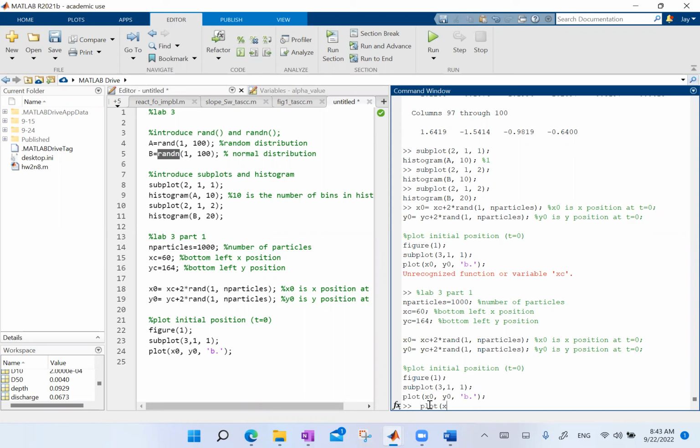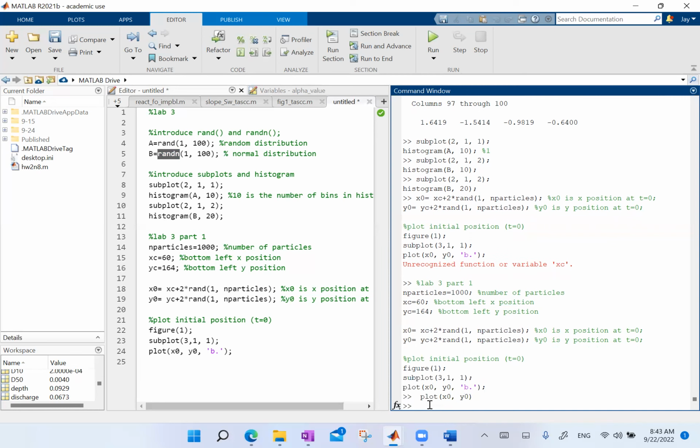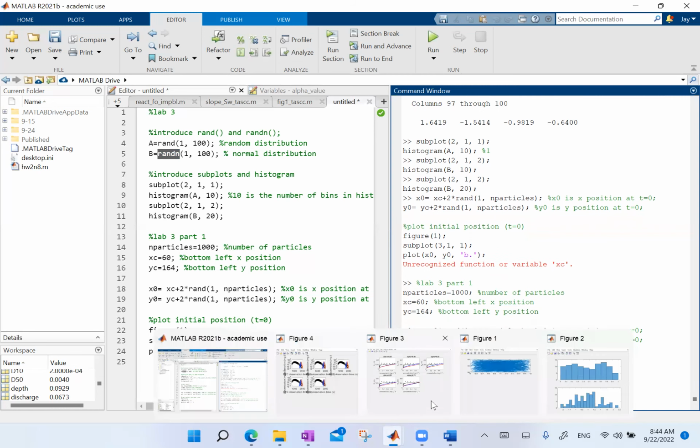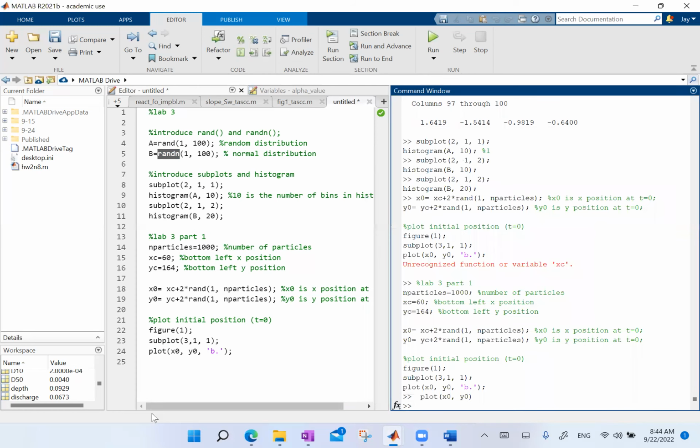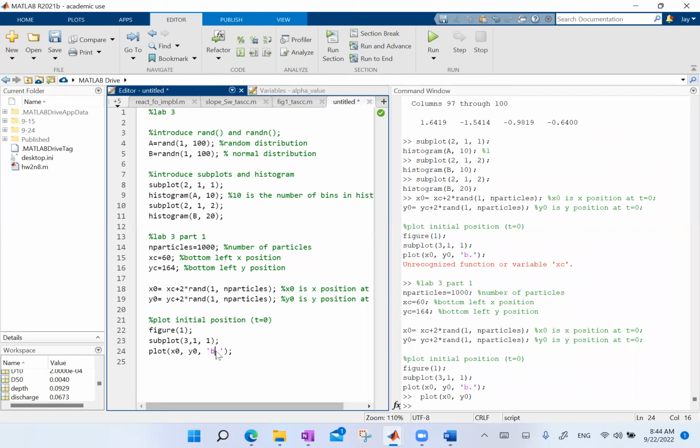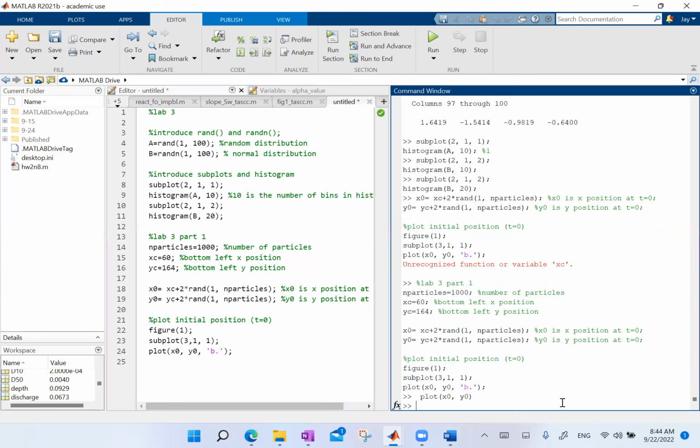So plot x0, y0. Okay, if you get something like this, it has all the points but draws lines connecting them. In that case, make sure you add this b dot at the end.